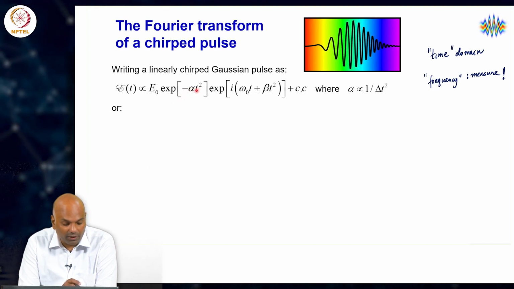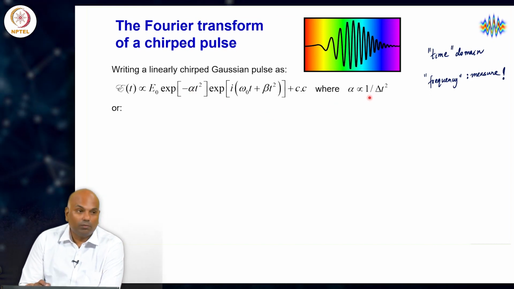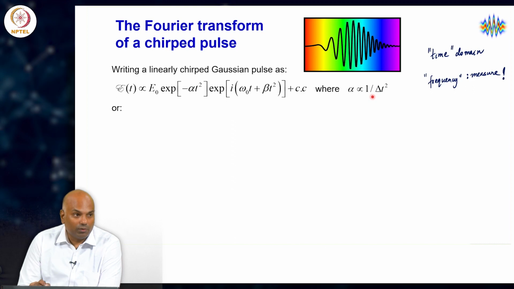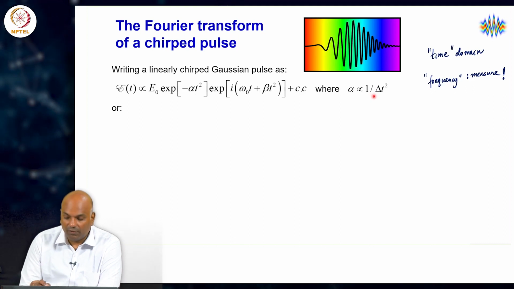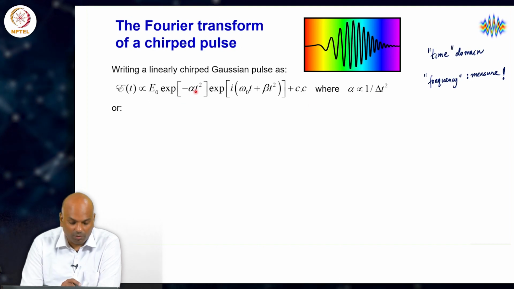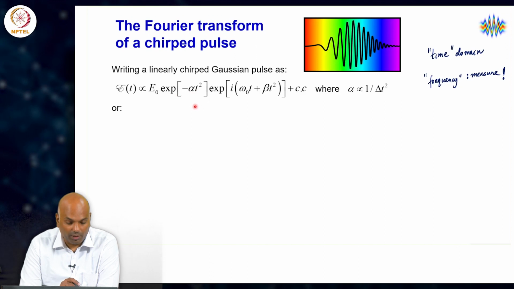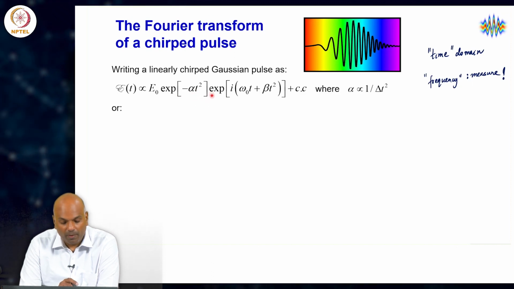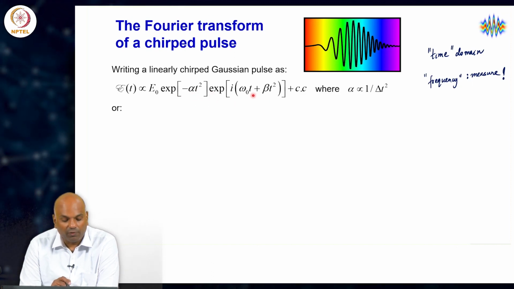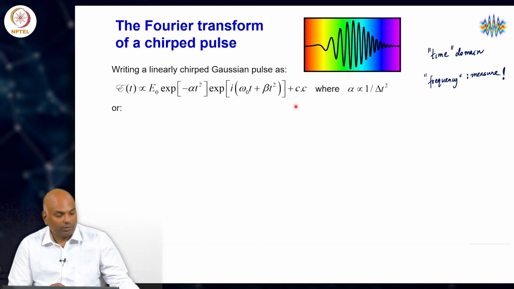So, minus alpha t square, alpha therefore relates to the first moment of the Gaussian function. Okay. So, it relates to the width of the pulse. So, t square by, earlier we had tau g square, okay, the square of tau g, but this is then the phase term, exponent of I omega t plus beta square plus the complex conjugate.